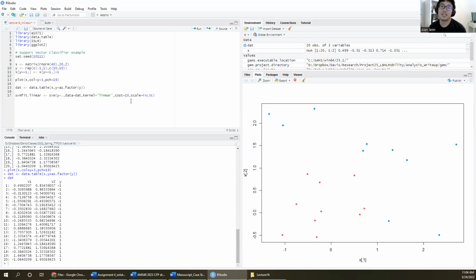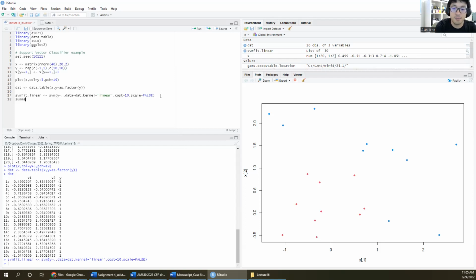In this case, the scaling doesn't matter because they're both getting drawn from this rnorm with the same parameters, and so the range of values is pretty similar, right? In x1 it's -1 to somewhere above 2, and similar here, it's like -0.5 to around 2. So scale equals false in this case. Go ahead and run that and look at the summary.